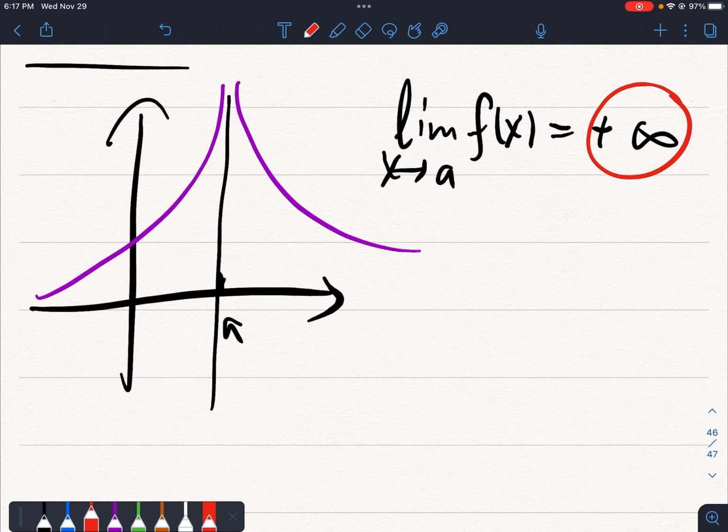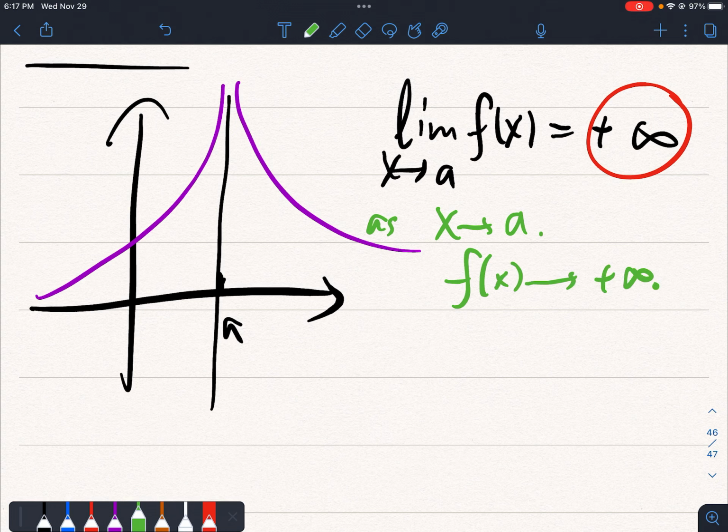This means when x is close enough to a, f of x is very, very big. So it can be arbitrarily big, or it goes to plus infinity.